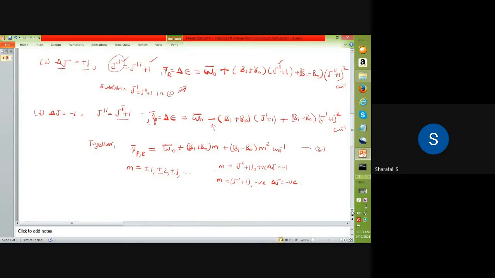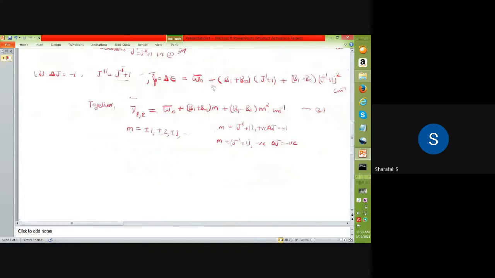Okay, so this is the expression for the transitions, or the wave number, corresponding to the vibration and the rotation when both happen simultaneously.